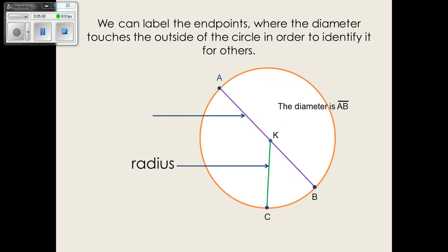Diameter. We can label the endpoints where the diameter touches the outside of the circle to identify it for others. So I have labeled the diameter endpoints shown here, A and B. So we can refer to that diameter as line segment AB.